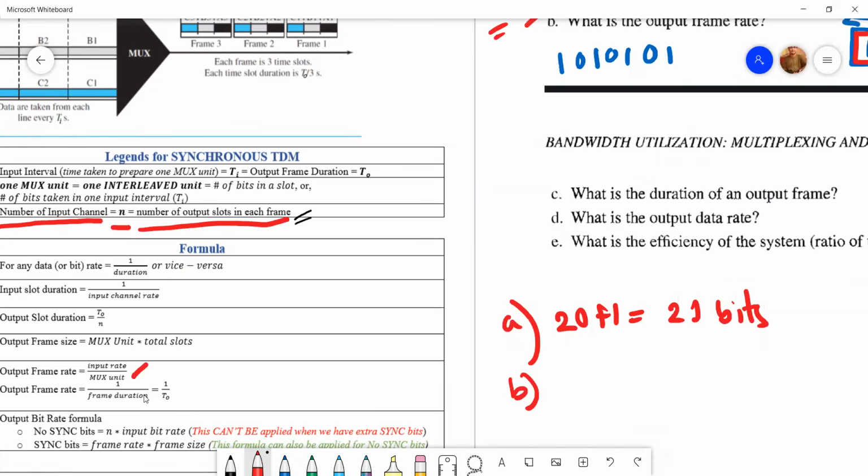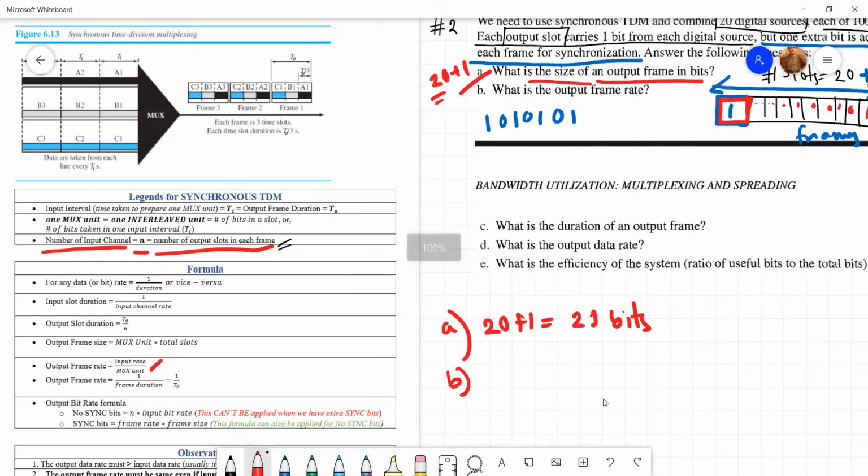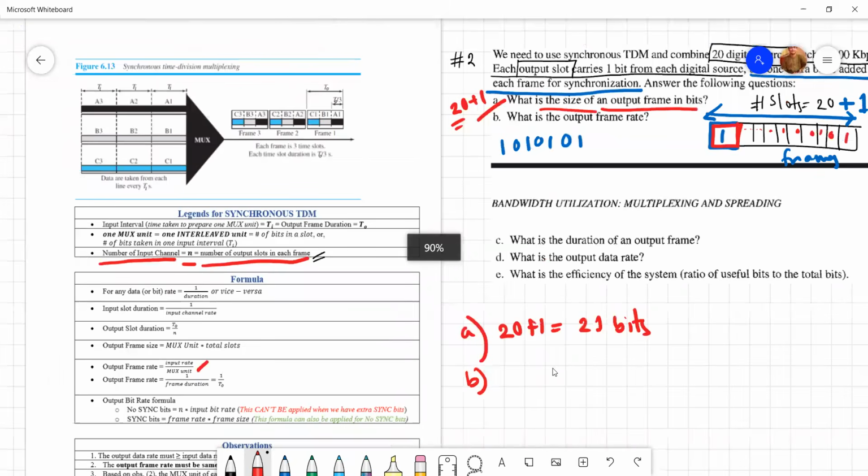But we don't know the output frame duration yet, so we first go for the output frame rate, that is the input rate divided by the multiplexing unit or the interleaved unit.